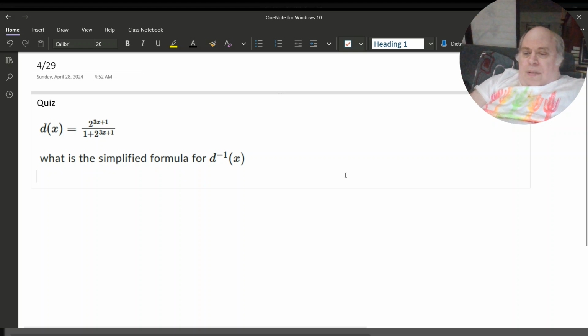So, what I'm going to do is write down, as usual, we're going to say that d to the negative 1 of x will be referred to as y. And then I'm going to solve d of y equals x.